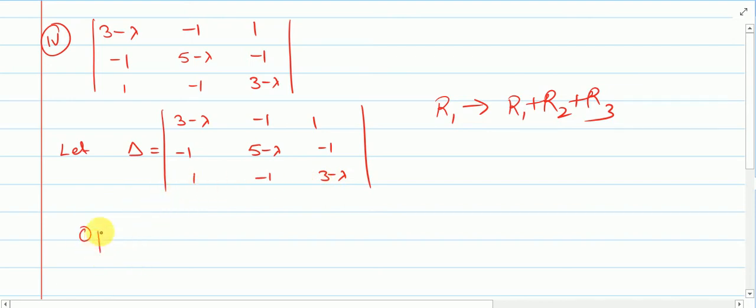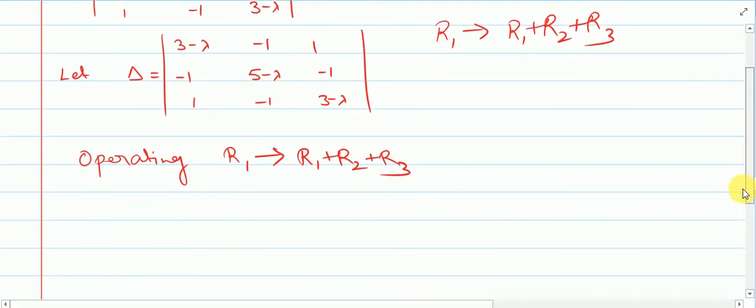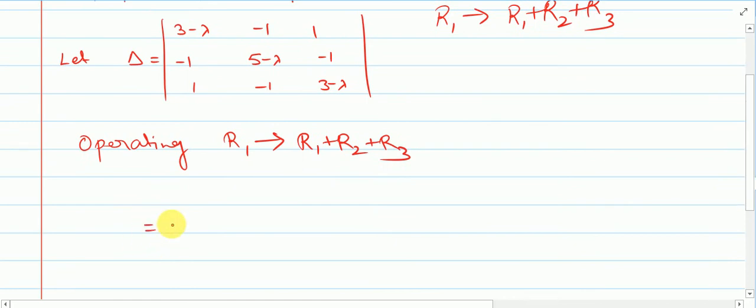So we'll write operating this. Now let us write down. So we will get 3 minus lambda. Here minus 1 for this part, minus 1 plus this and plus this.